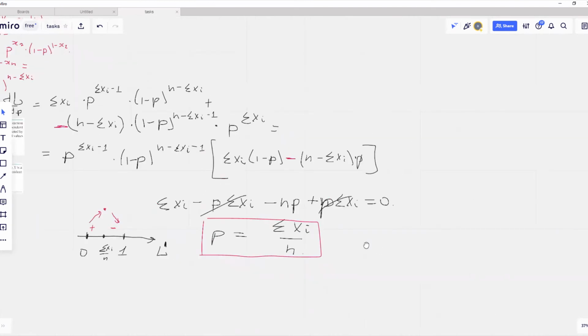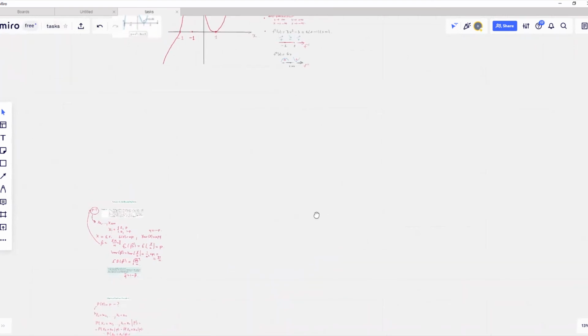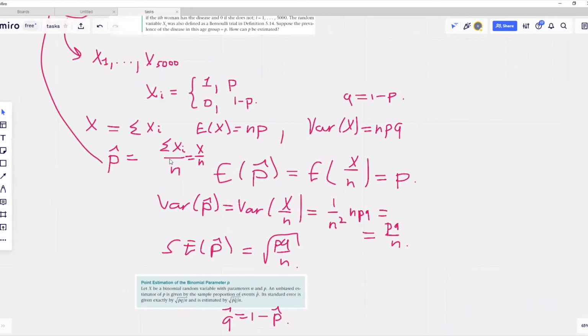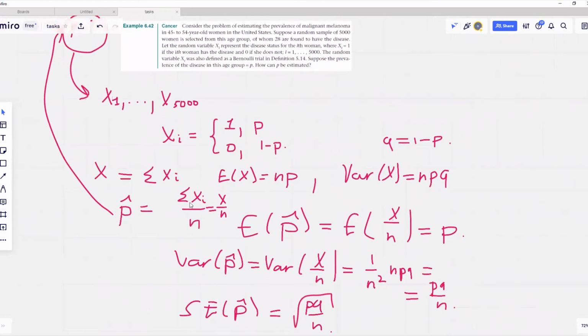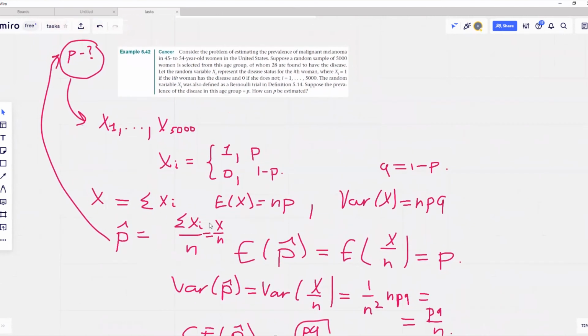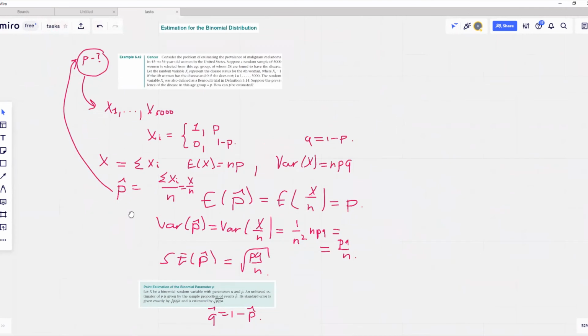In fact, it's the same estimator as we found in our previous example. Our p hat was sum of xi over n, if you recall from our first example. Here we made a guess that we should try this estimator, and we have shown that its bias is equal to 0.